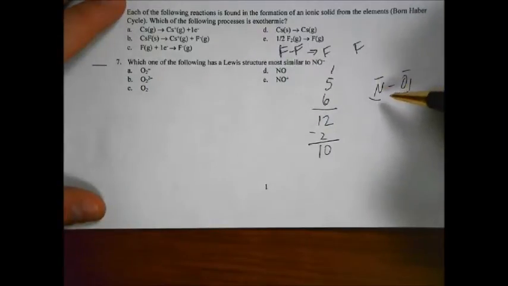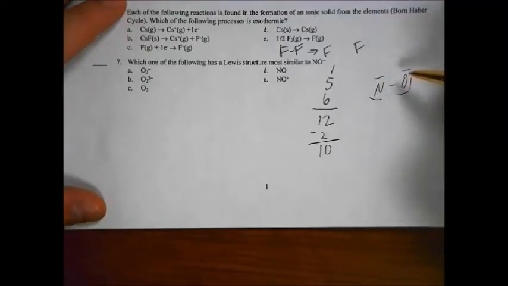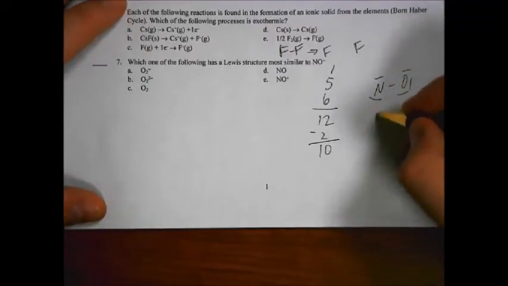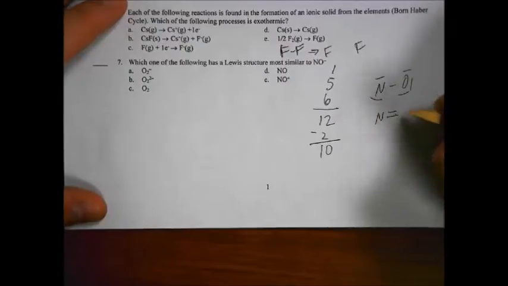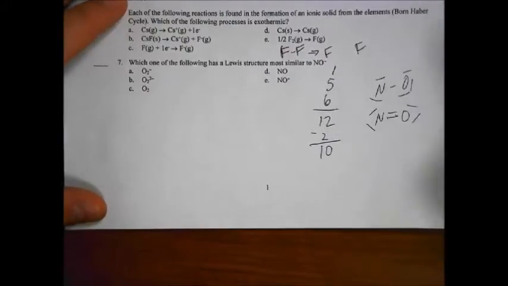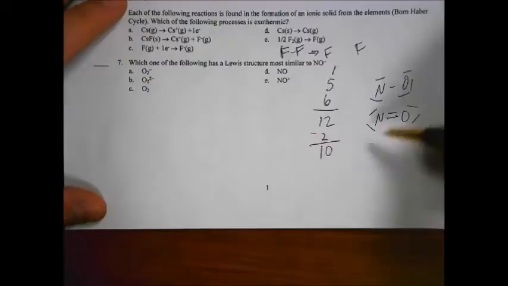We know that we have to satisfy our octet for the nitrogen. So in this case, we're going to have to slide one into the middle. The best structure is going to be N double bond O with 2 lone pairs on the end.